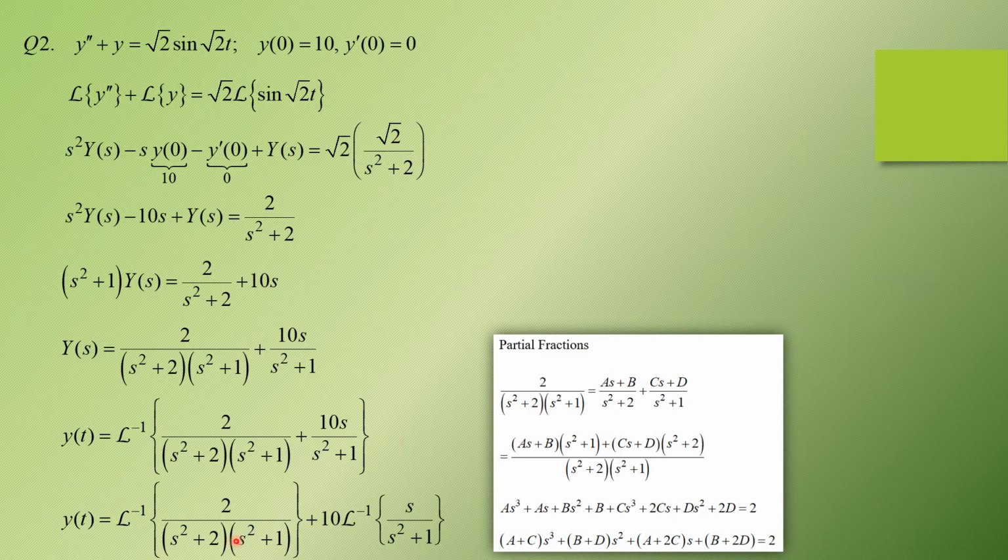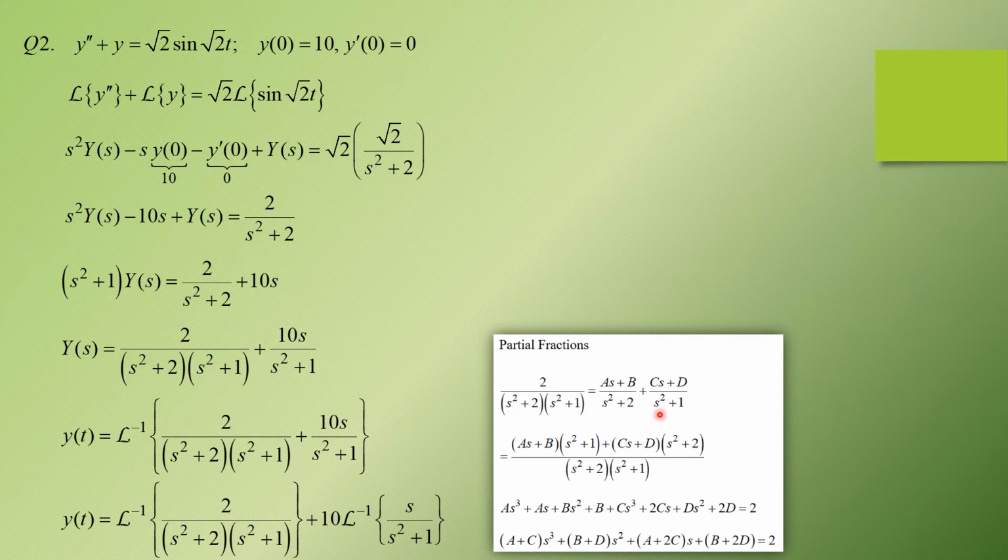For the first term, notice that the denominator is a product of two quadratic factors. So in this case, we have to apply partial fractions to decompose this into a sum of partial fractions: 2 over s squared plus 2 times s squared plus 1. Split this into a sum of two partial fractions. The first one has a denominator containing the first factor, s squared plus 2, and the second one contains the second factor, s squared plus 1.